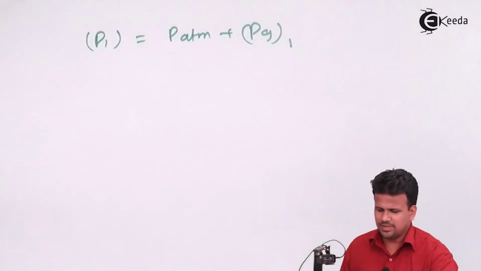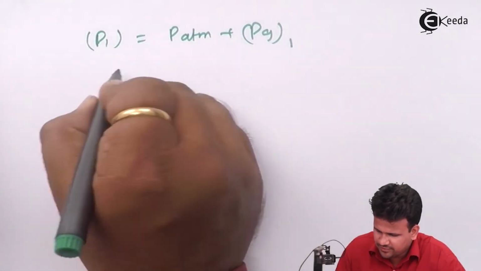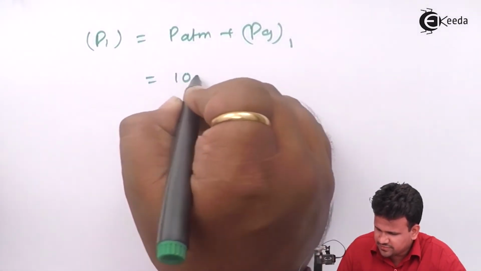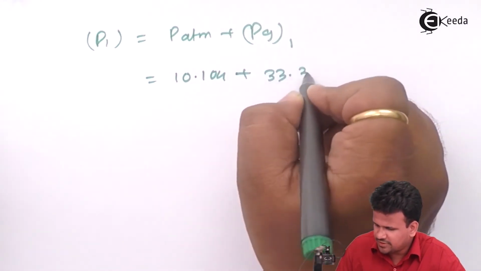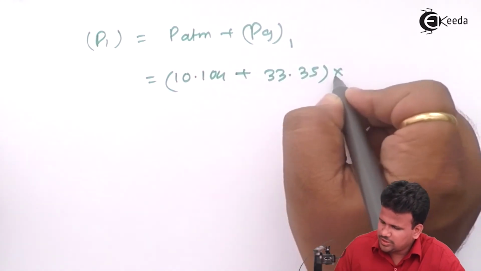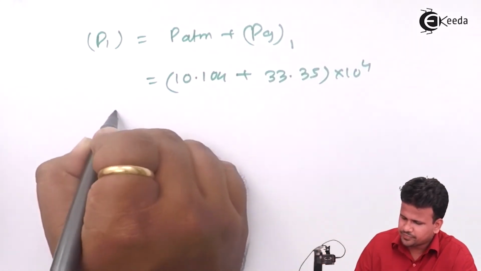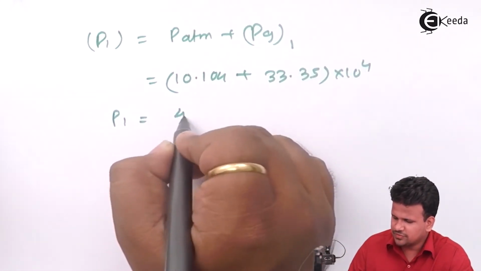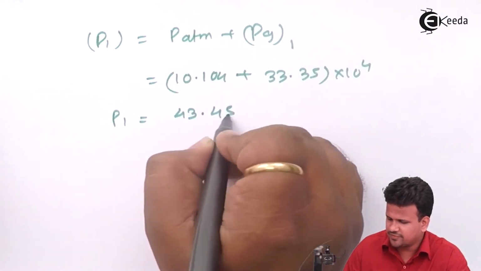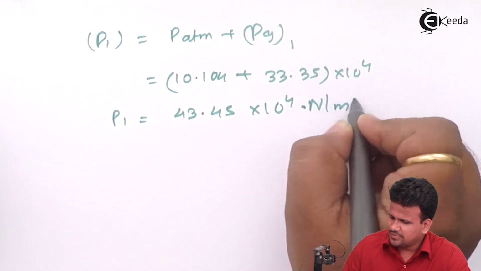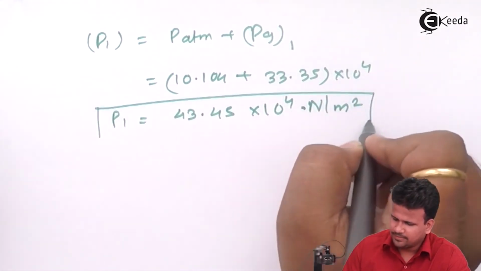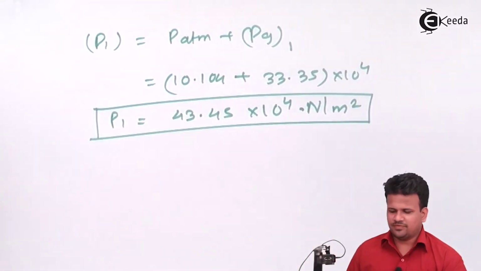So P1 will be equal to P atmosphere 10.104 plus 33.35 into 10 to power 4. P1 is equal to 43.45 into 10 to power 4 Newton per meter square. This is the value of P1.